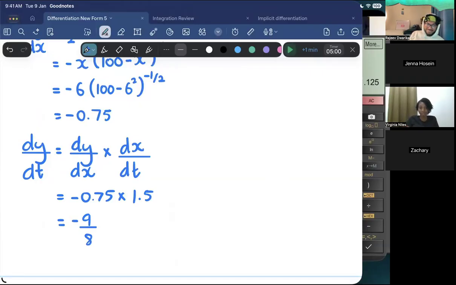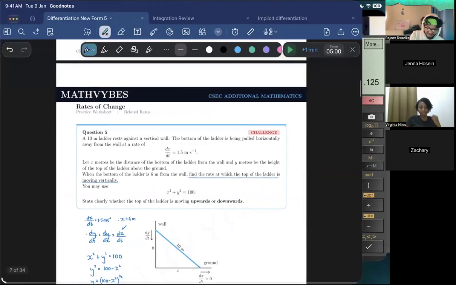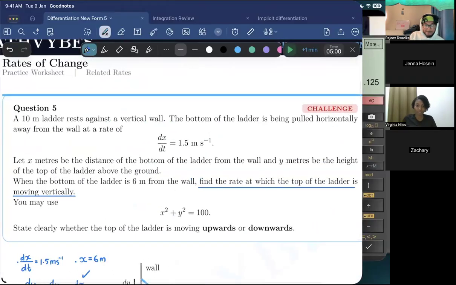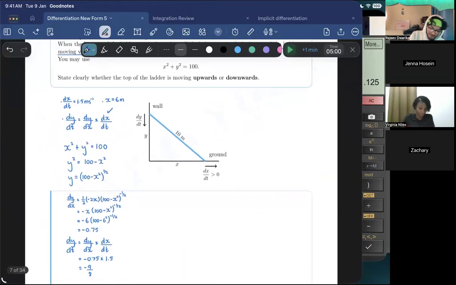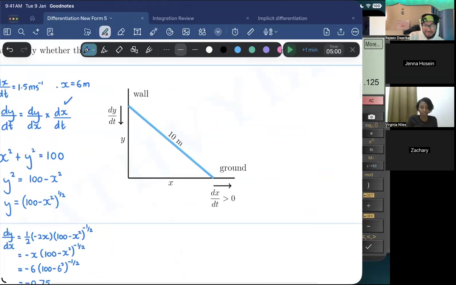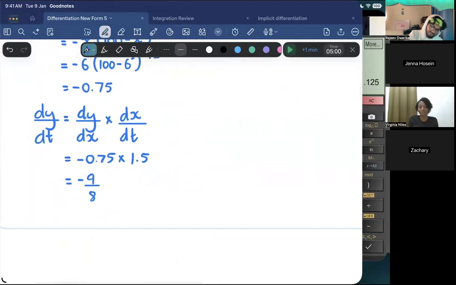Is it meters? Meters, right? Think logically too. If we did it with our ladder, what would the ladder be in centimeters? I'm not bullying you. I would never bully my students. So yes, meters per second.